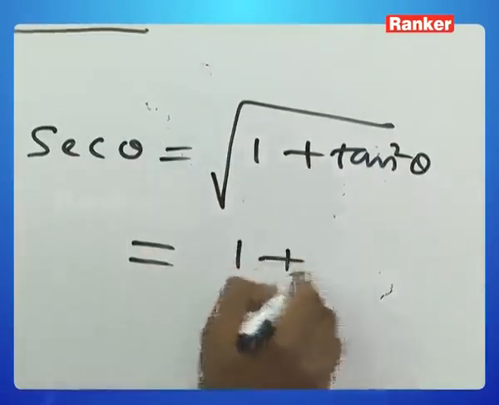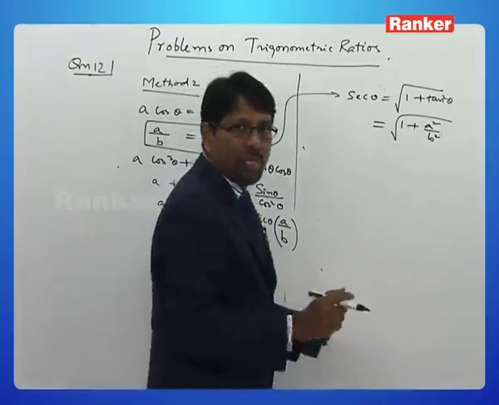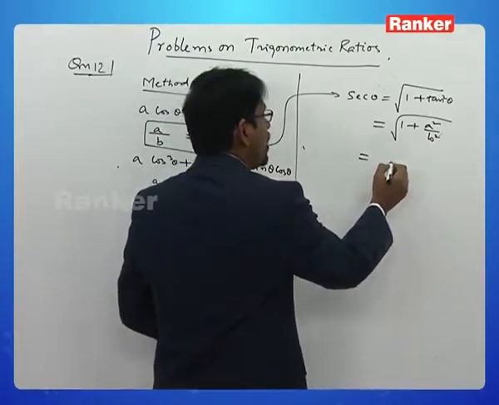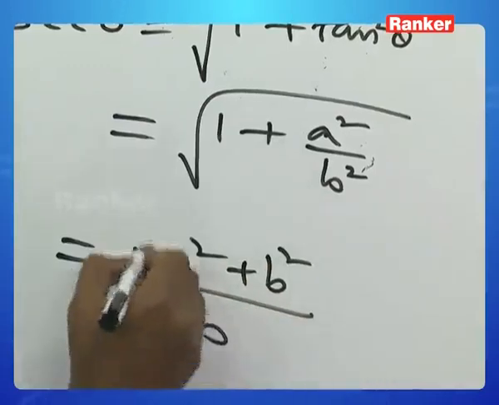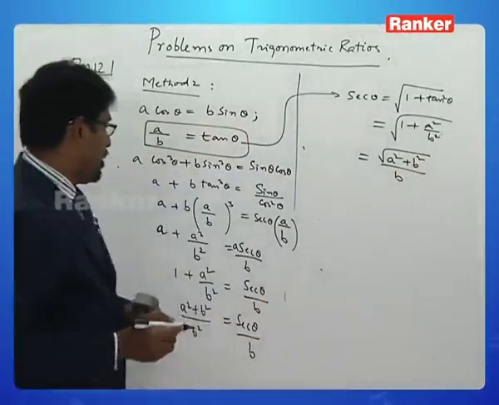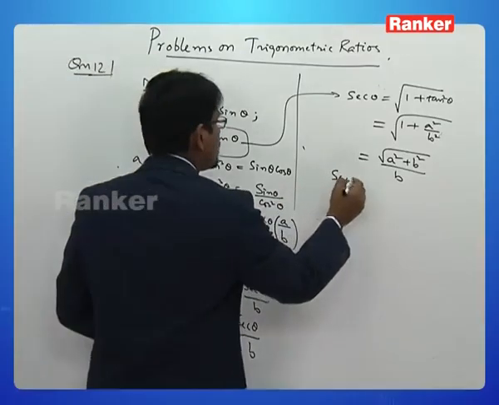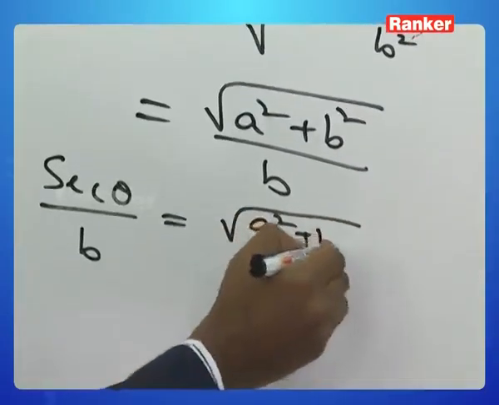That makes it 1 plus A square by B square under root. That gives us root over A square plus B square by B. So what is secant theta by B now? That is root over A square plus B square by B square.